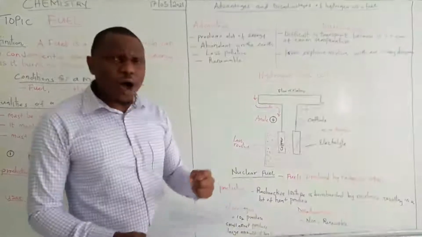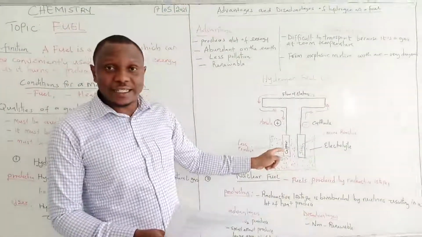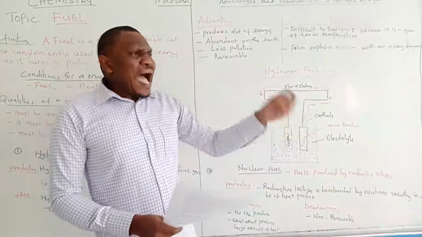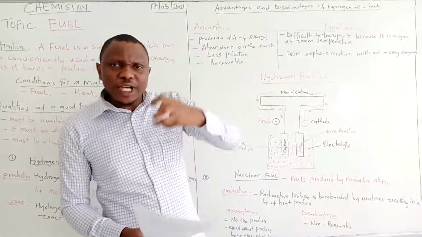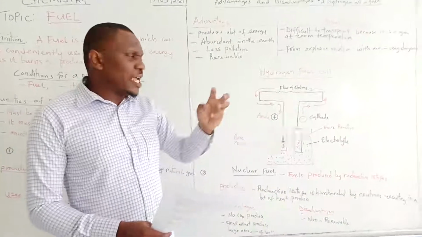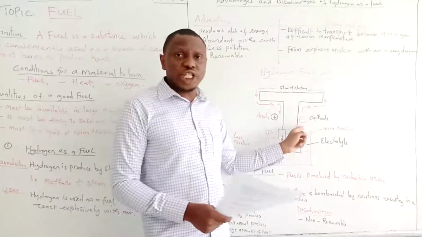Now, the less reactive metal, which is copper in this case, has the tendency to give out electrons. Copper will give out electrons, and the electrons will be taken up by the more reactive metal, which is zinc.